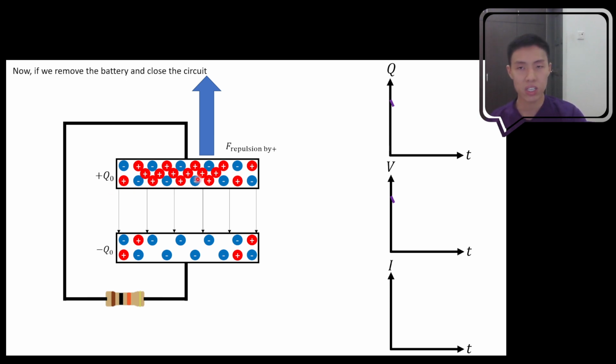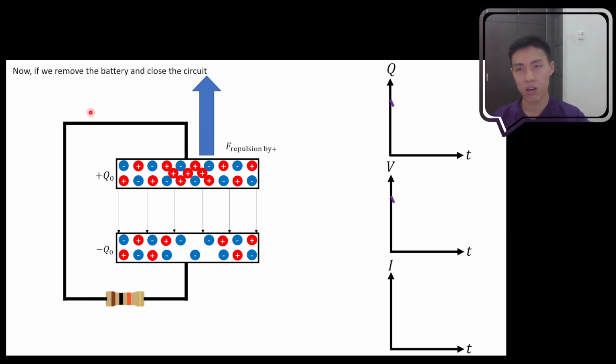There are too many charges, there's a strong repulsion, and charges will gush out from this positive plate because of the repulsion force. So you should expect that the amount of positive charges in the high potential plate will decrease very fast initially. It decreases very fast because they are all gushing out due to the strong repulsion.